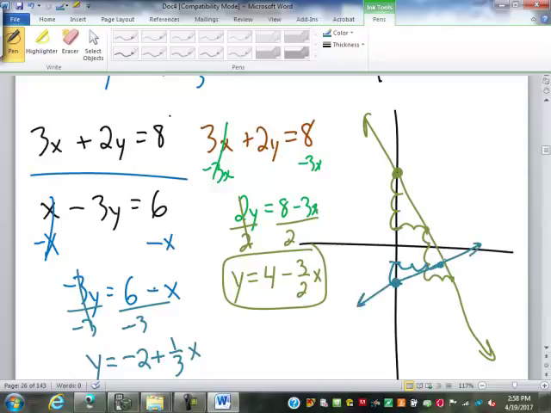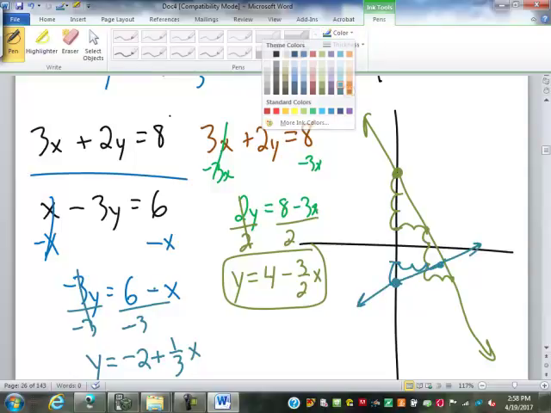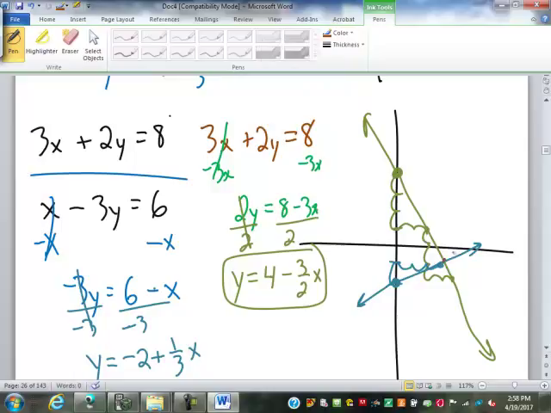Notice that is not on the line. These two lines do not cross at a grid point. So the answer is going to be decimals. If we're graphing to solve equations and we get a decimal answer, it's really tough to find that exact answer by graphing.